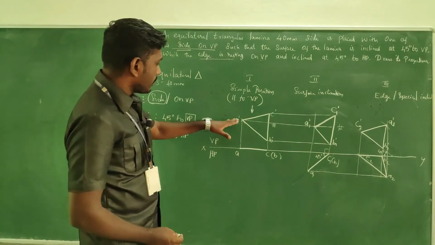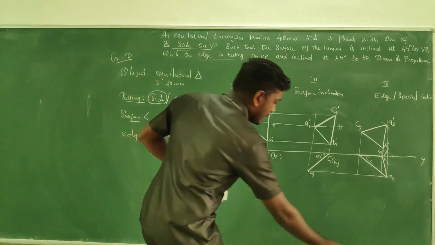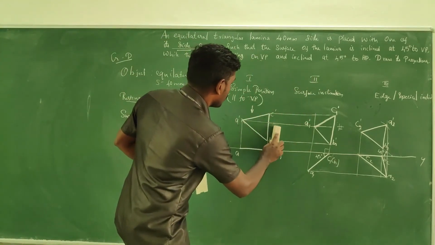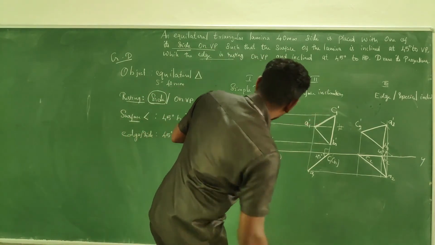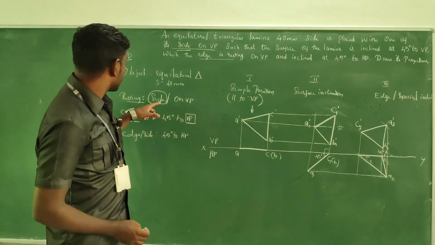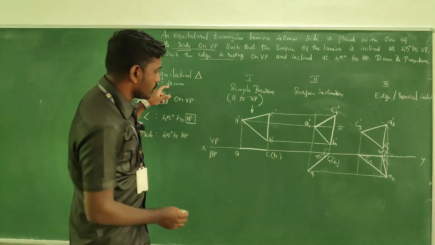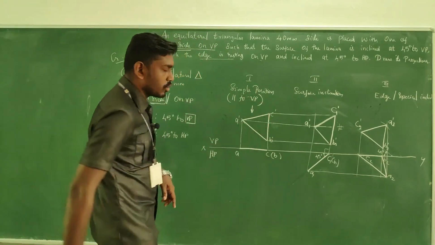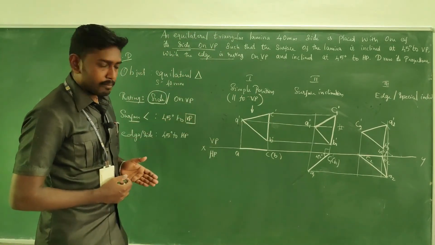Then we have to give the dimensions for the profile. So here the equilateral triangle is 40 mm, right? So on one of the sides we have to show the measurement.